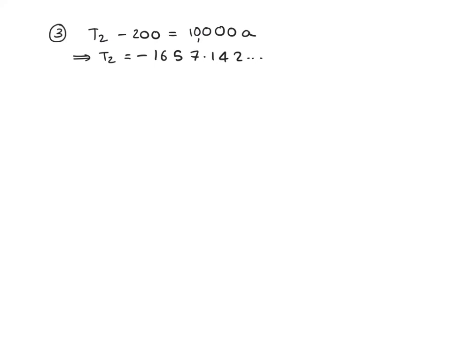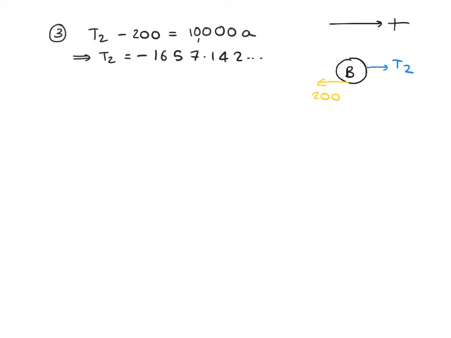Let's look at particle B again. Originally in the diagram, the forces that we had acting on it were T2, which looked like that, and 200, which looked like that. And if you remember, we had said going to the right was positive.